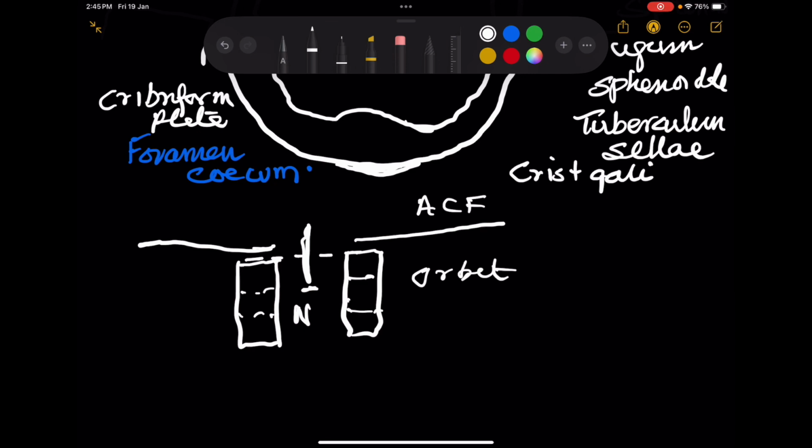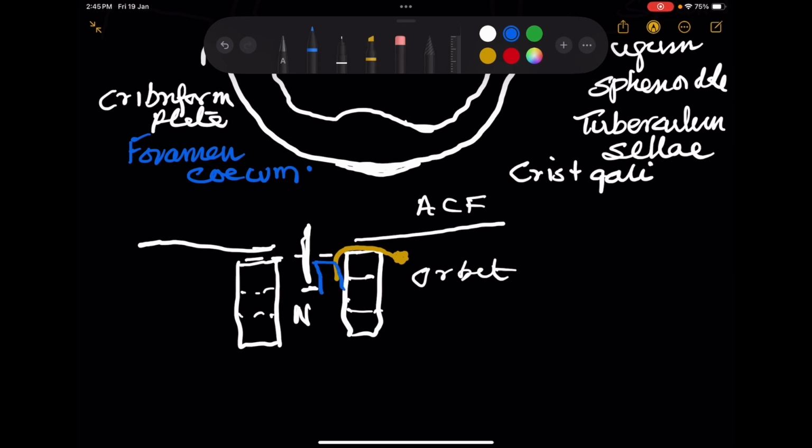So now there's a nasociliary nerve here, and that nasociliary nerve gives a branch which passes through these ethmoidal foramina and then through the cribriform plate into the nose, into the mucosa of the nose.